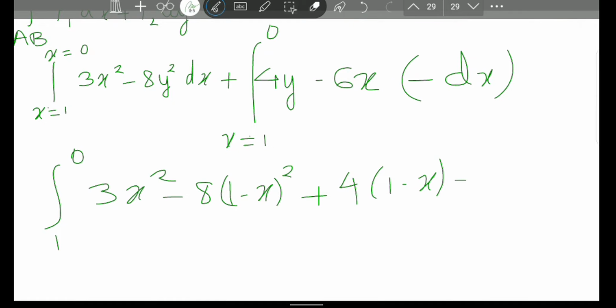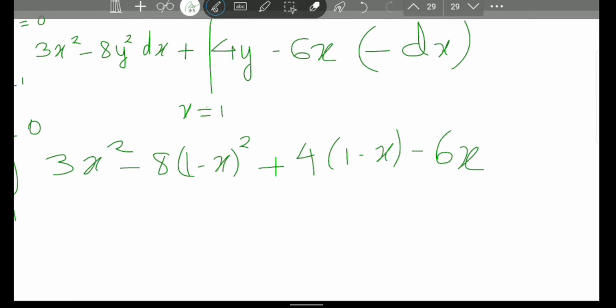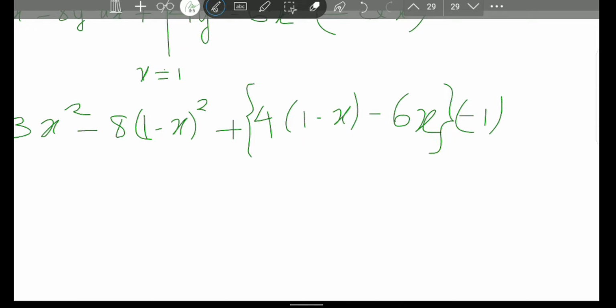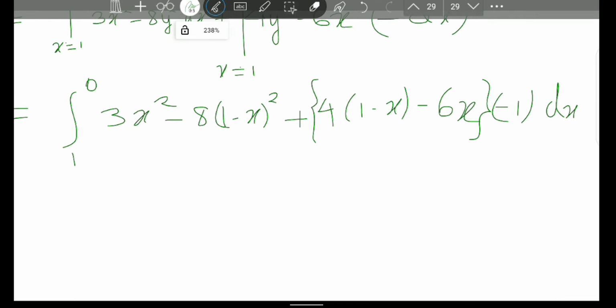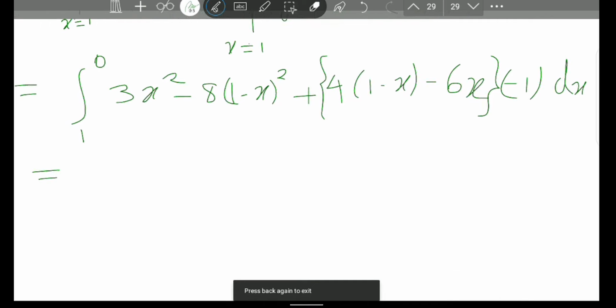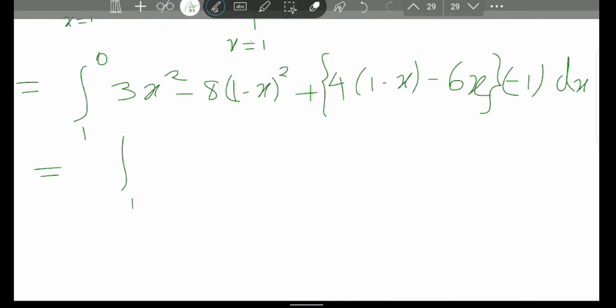But we need to multiply it throughout by minus 1. The whole expression needs to be multiplied by minus 1 dx. Okay, let's simplify this big expression. X is changing from 1 to 0 as it is, 3x square as it is. 8 into 1 is 8.